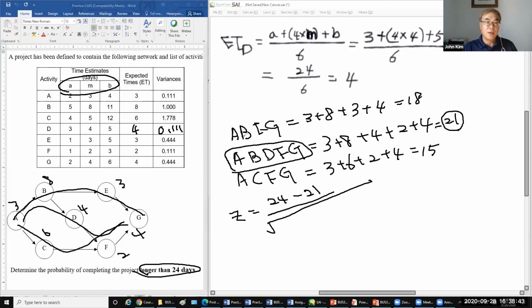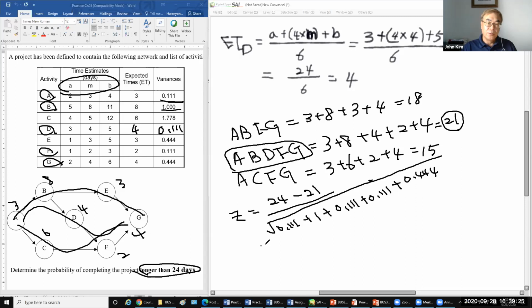The critical path is A, B, D, F, G. So A variance 0.111 plus B 1 plus D 0.111 plus F another 0.111 plus 0.444, equals 3 divided by the square root of 1.777, equals 2.25.